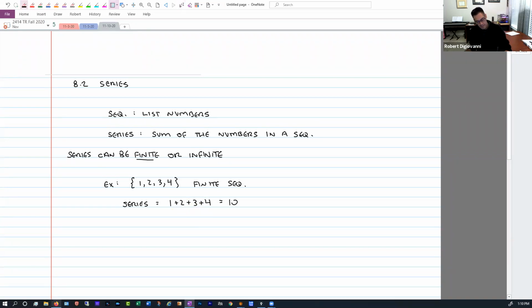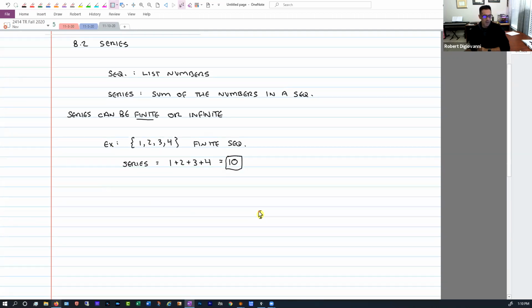I think it's 10, right? Okay. So notice that our answer is just a number, isn't it? The series for this sequence is this number 10. That's not very interesting to us. We're not really concerned too much with the series for a finite sequence because if someone gives us a finite sequence of numbers, 100 of them, 1,000 of them, 1,000,000 of them, we could add those up, right?